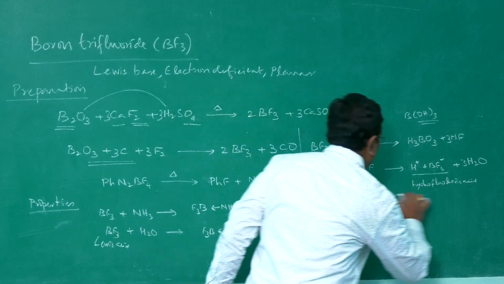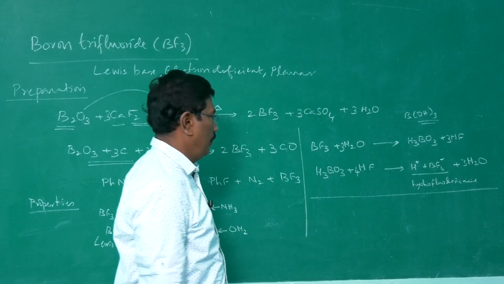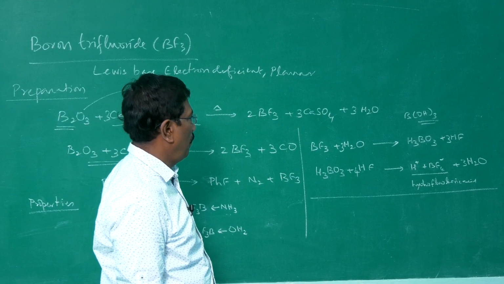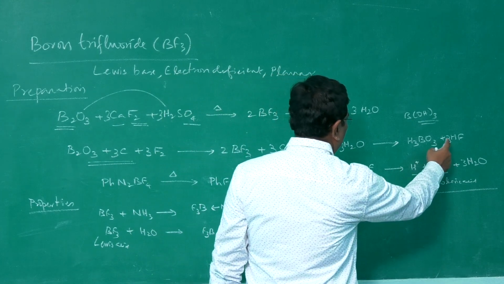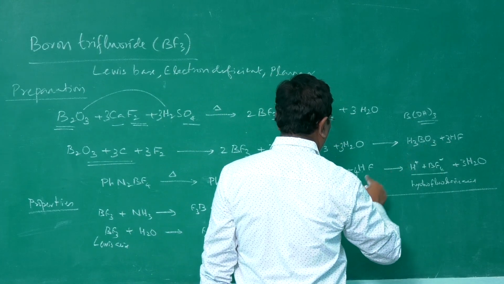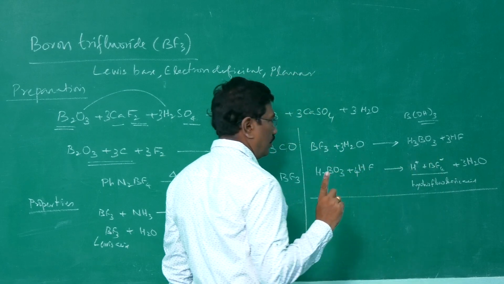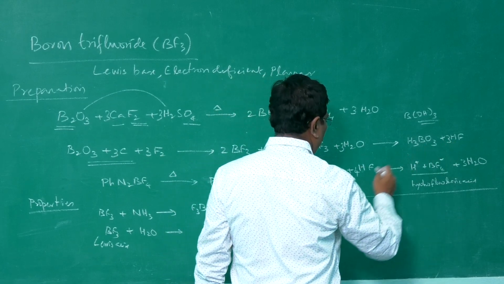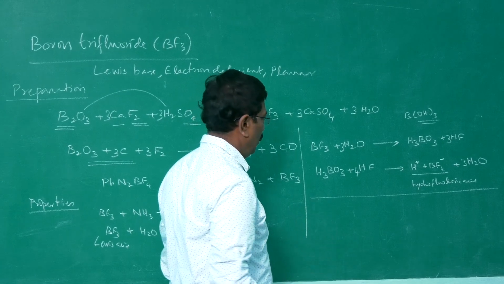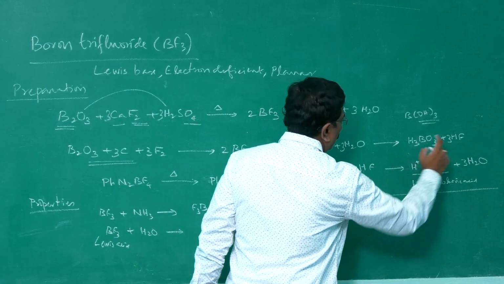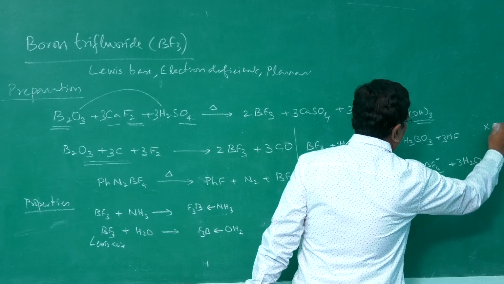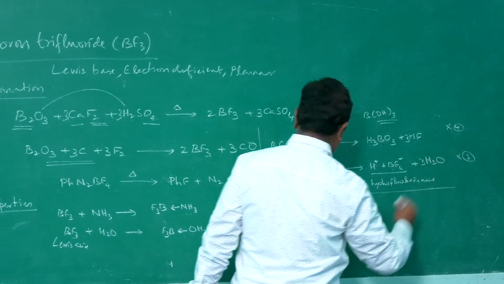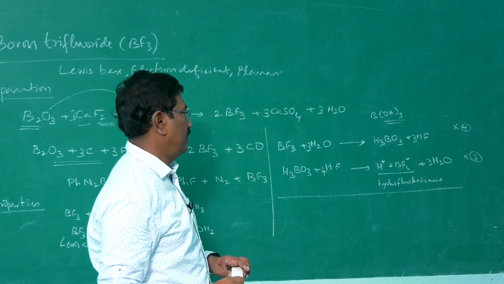Now, what will be the sum? If I sum the equations, what will happen? Here, 3 and 4, all the hydrofluoric acid is getting involved in the reaction. Therefore, I should find the LCM for 3 and 4, which is 12. So, this equation has to be multiplied by 4. And this equation has to be multiplied by 3, that's all. And if I sum up, HF will get cancelled.